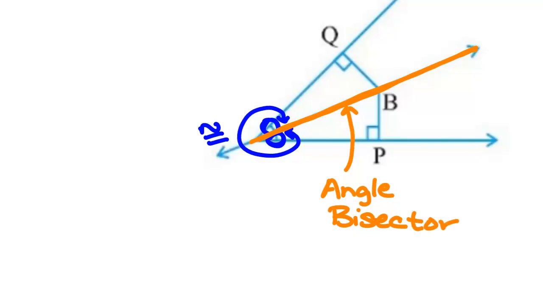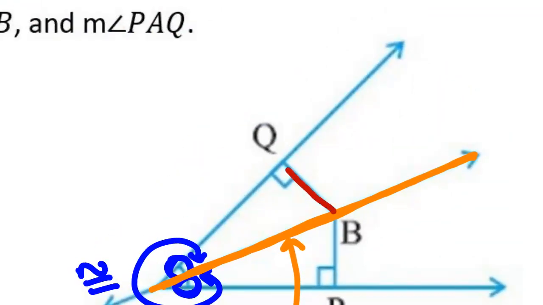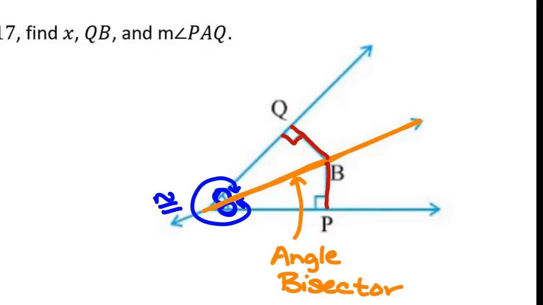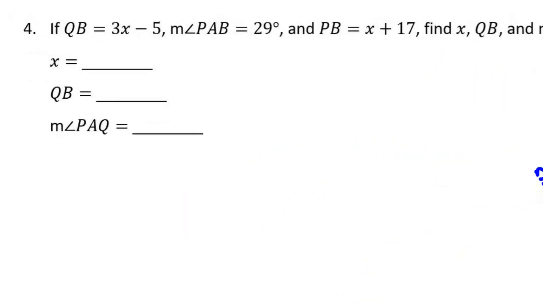Because that's an angle bisector, and segment BQ is perpendicular to the original angle, and segment BP is also perpendicular to the original angle. What does that mean about QB and BP? They are congruent. All right, so let's add the information that they gave us now.